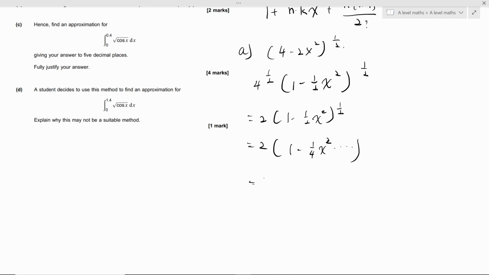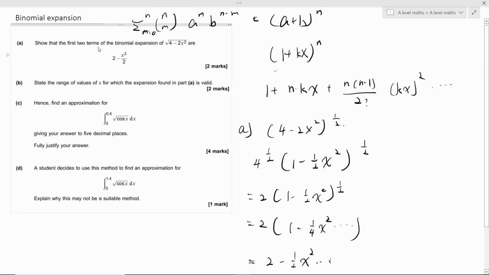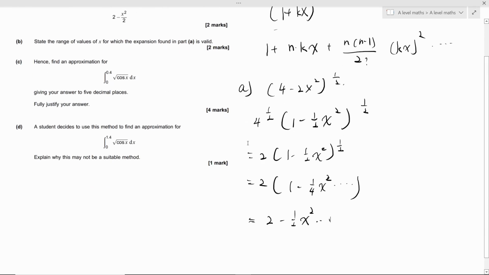So we might just expand the bracket. 2 times 1 is 2, and 2 times minus 1/4 is minus a half x squared, with higher order terms. And you can see it's exactly in the form as they required. So you can show that, exactly as required.